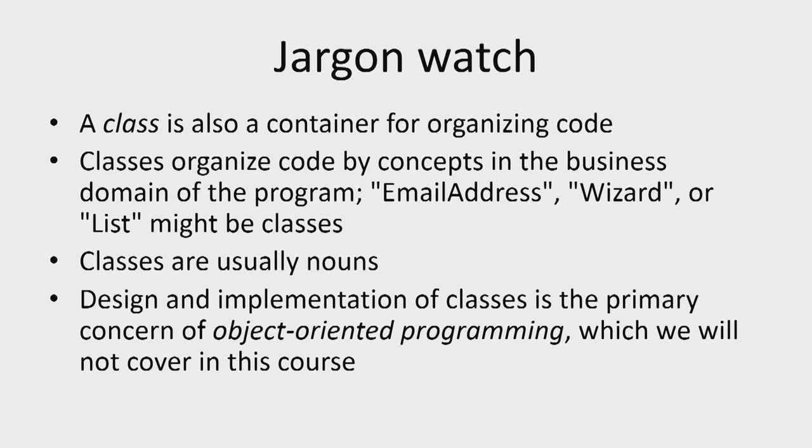Classes tend to be things that are actually nouns in whatever the business domain of your program is. So if you're writing a program that manipulates some email, then you might have a class called EmailAddress. If you are writing a game, then you might have classes like Wizard or Warrior or Weapon. If you are writing something like the generic collections namespace, a List is something that might go into that namespace, right? That would be a class.